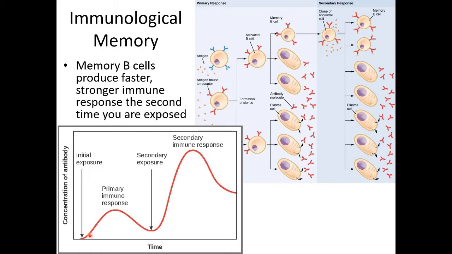Okay, so what we can see here is somewhat of a shallow slope, right? It takes a couple days to really get enough antibodies to fight this particular exposure. After a few days, we see that the antibodies go back down if, of course, the infection has been reduced or eliminated.